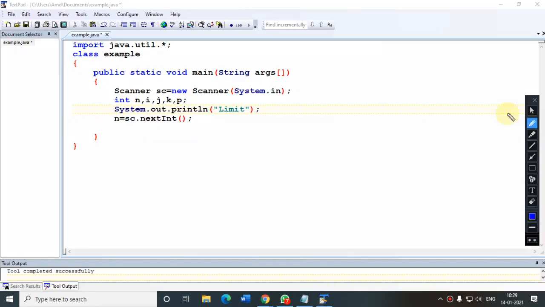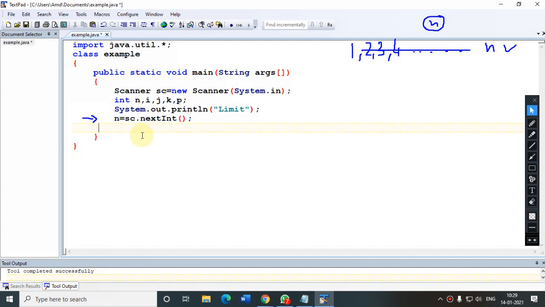So now the logic behind this program: in the question we are supposed to enter the limit, that is your n. After that we are going to start the loop from 1 to n. Natural number means after 1 we will get 2, 3 and 4 till n. So now please see step by step.